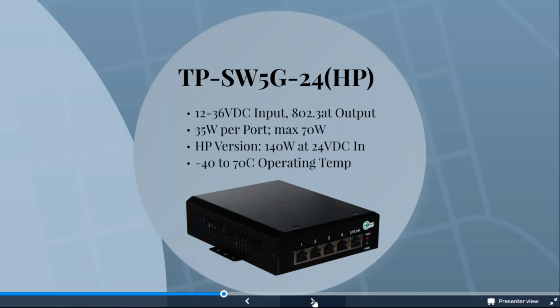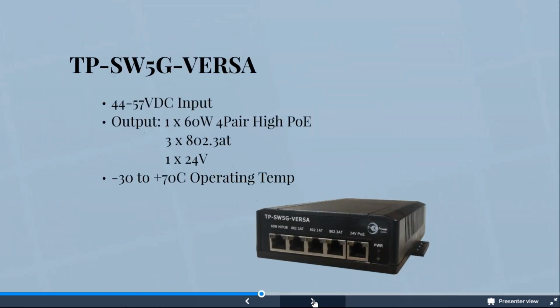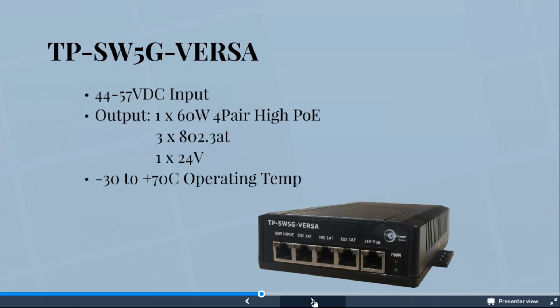But then people said, we want to power these PoE cameras, but we also have a wireless access point, and manufacturers have different power requirements. So we designed our Versa switch, the SW5G Versa.